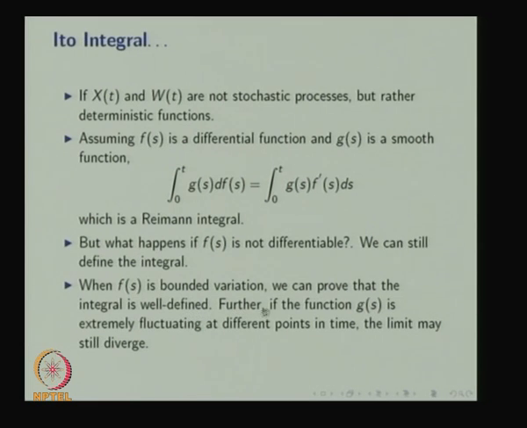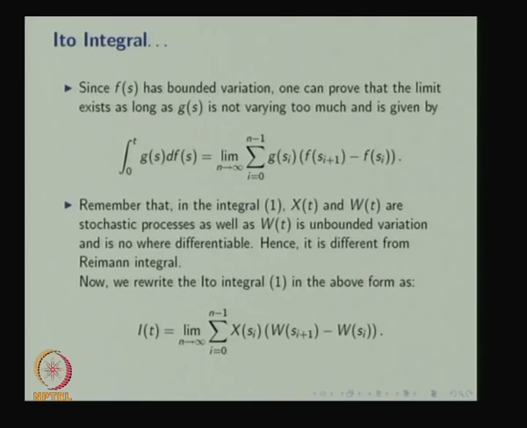Further, if the function g(s) is extremely fluctuating at different points in time, the limit may still diverge.